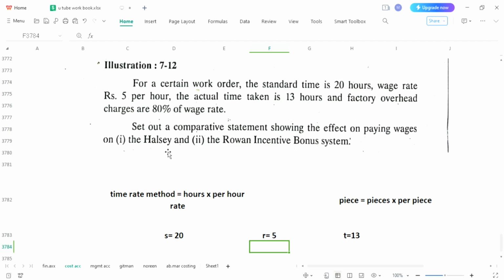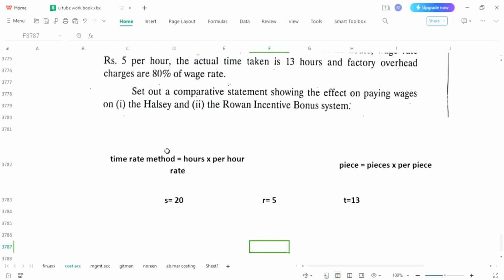So here we will design our solution by ourselves, and it was mentioned in several other solutions of this chapter that there is no permanent or fixed proforma or format for solution of labor costing.